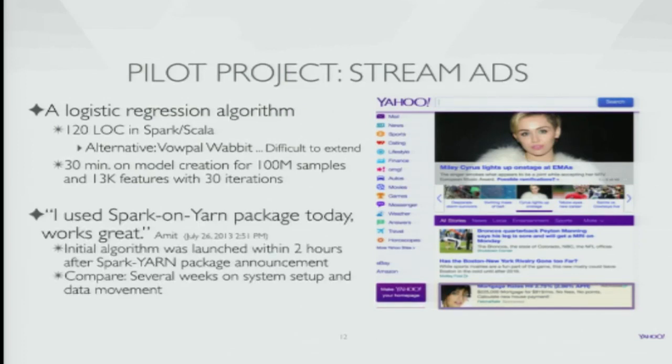And to me, what is most exciting is that when he finished his first version of the algorithm, he sent us an email, basically saying, I launched my Spark algorithm, models running on Hadoop. I literally remember that because it was about 2 hours after we made Spark on YARN available for Yahoo.